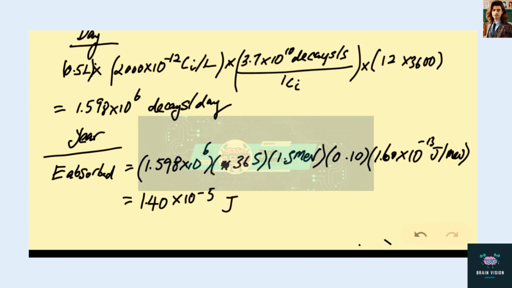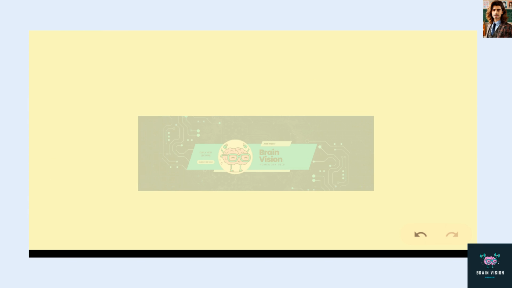Now we want to find out the dose for an adult versus a baby in terms of REM. So for REM, basically we have to take the dose in terms of rads and multiply that by the RBE, relative biological effectiveness, which is dependent on the type of radiation that we're looking at.